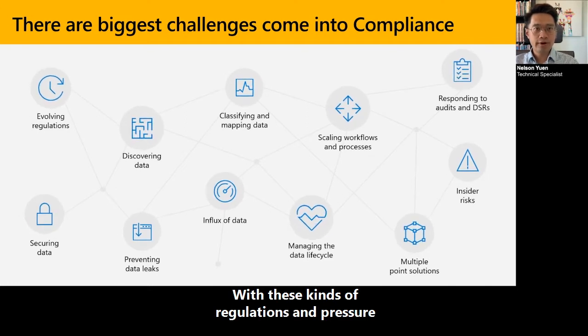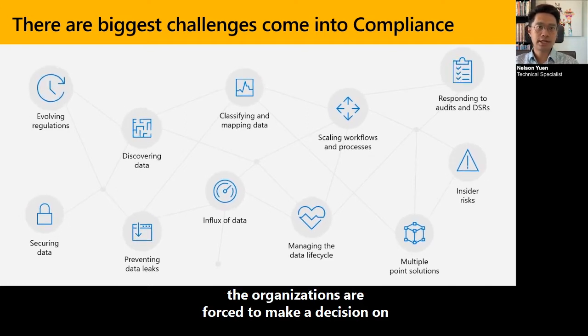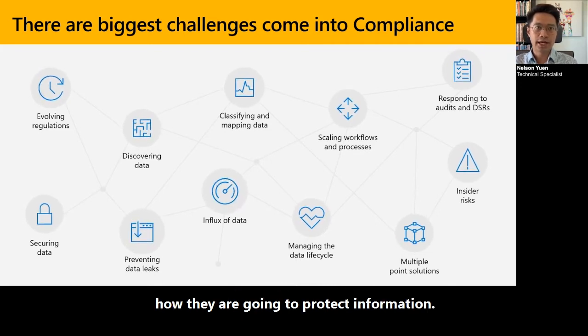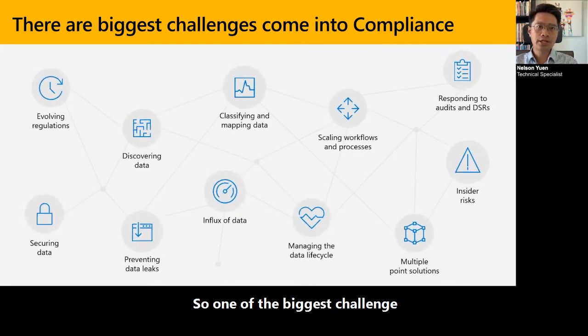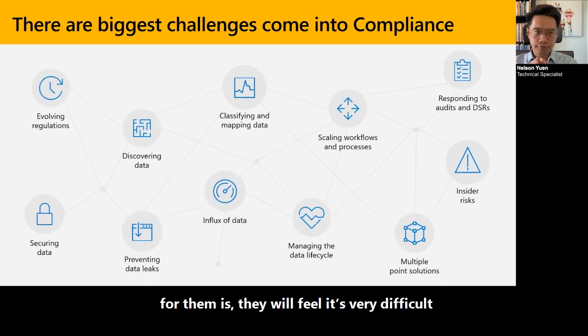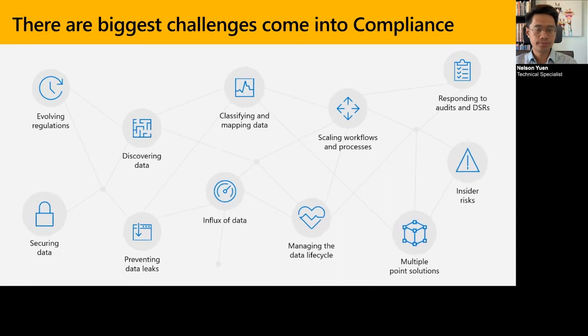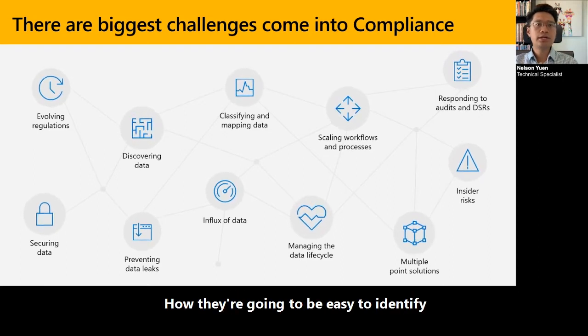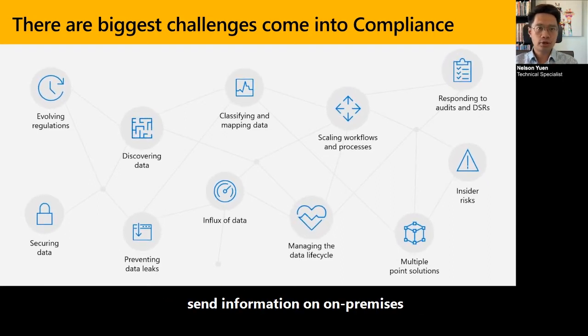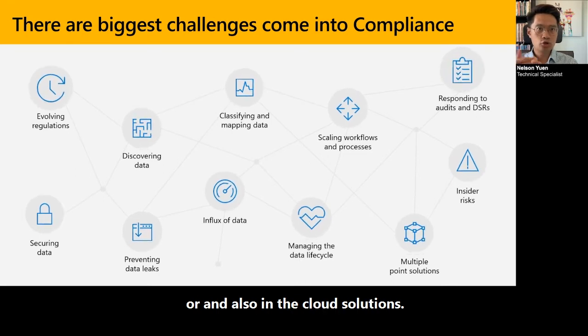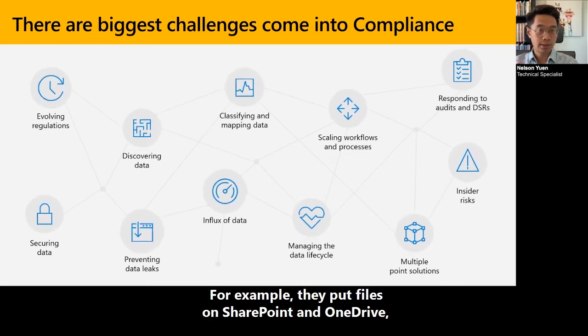With these kinds of regulations and pressure, organizations are forced to make decisions on how they are going to protect information. One of the biggest challenges for them is that they find it very difficult to identify information in the organization. How can they easily identify sensitive information on-premises and also in cloud solutions? For example, they put a file on SharePoint and OneDrive.